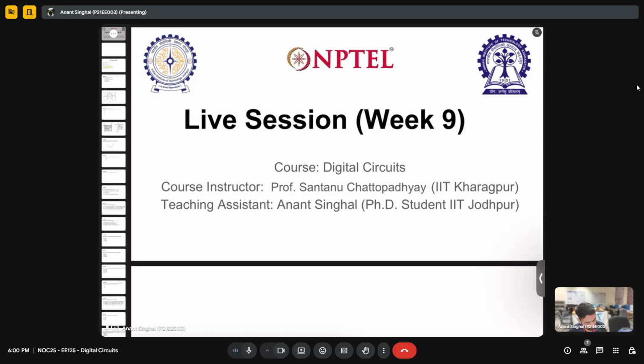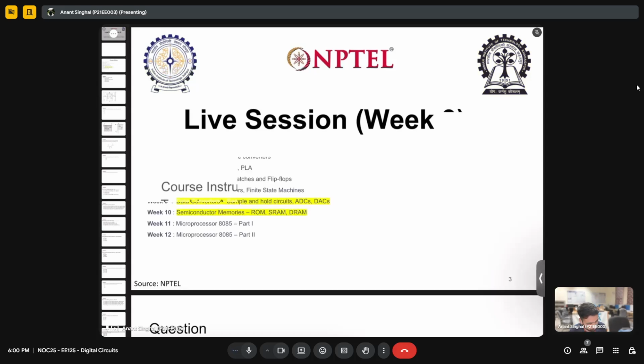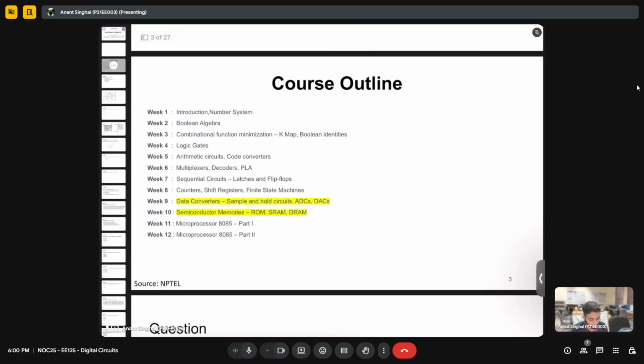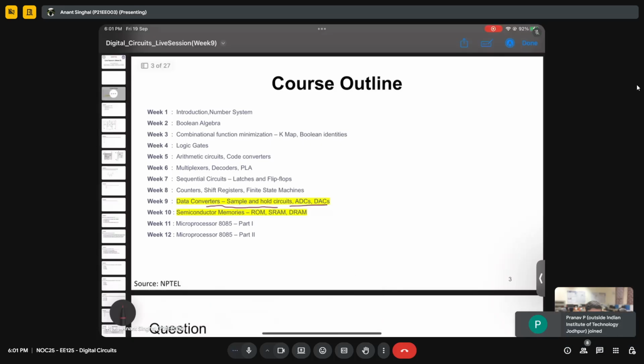As you are already aware, we have almost covered the entire part of the course consisting of the combinational and sequential circuits. In the last week itself, we covered data converters. We've already gone through the ADCs and DACs in the last lecture. So in this lecture, we'll be more or less focused on the semiconductor memories.